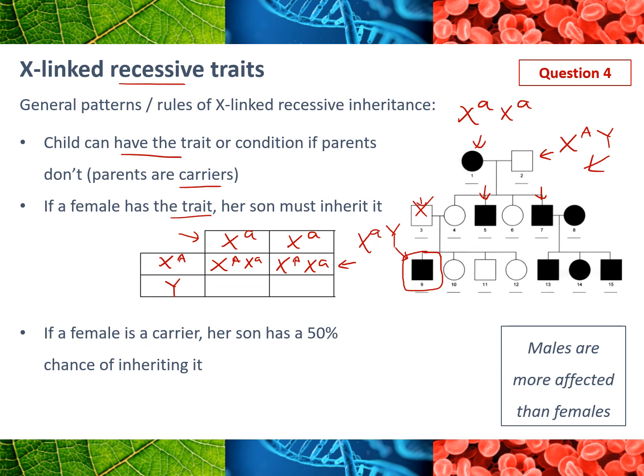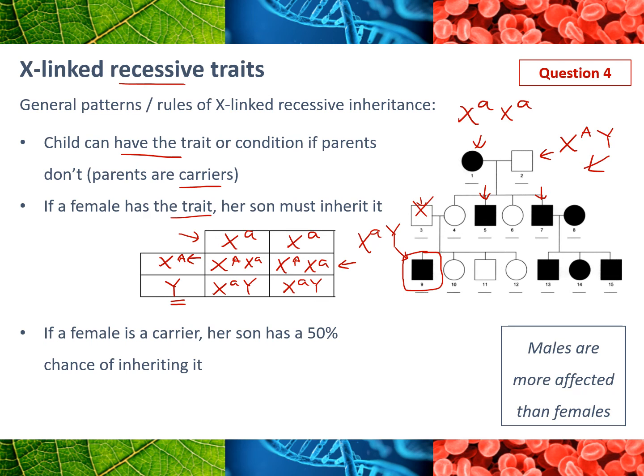Whereas because the mum only has the recessive allele, she has to pass that on to her son, because the son only gets the Y chromosome from his dad. This X can't be passed on to a son, because if the dad is passing on that X chromosome, we're going to end up with a female.